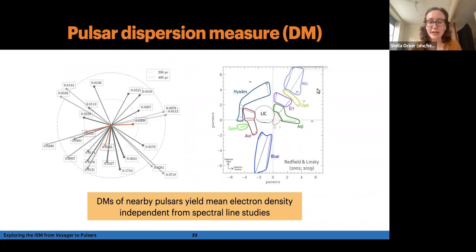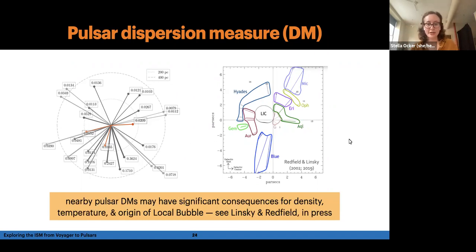So on the right here, I'm again showing you a diagram of the local interstellar clouds. The distribution of these has been inferred from spectroscopic observations of the closest stars. And these only trace about 5 parsecs around the sun. And so by looking at the larger-scale distribution of pulsar DMs, we can place our understanding of this local interstellar cloud complex in a broader structural context.